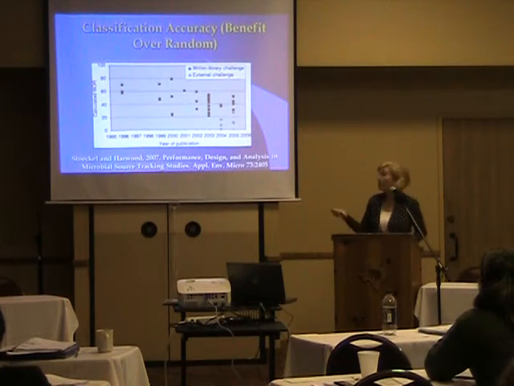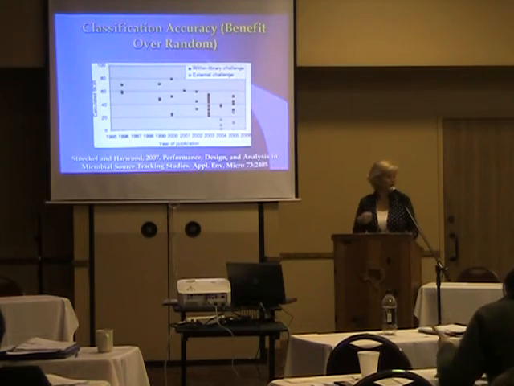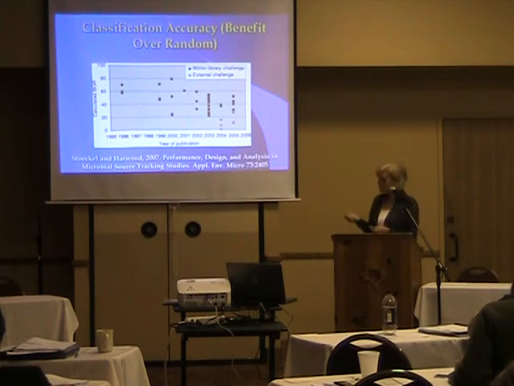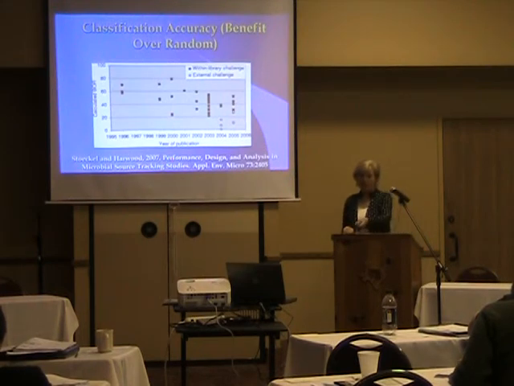And that's not right. You have to use external isolates that are outside the library to really establish whether or not your library has any accuracy in categorizing isolates that aren't part of it. So again, that was a review that we published in 2007.